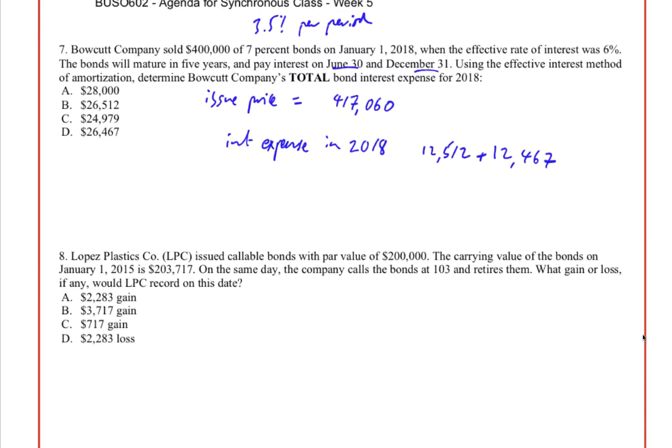So interest expense 12,512 plus 12,467, and add those two together, and it comes to 24,979. And that's all we do, just add them together. The answer is C.